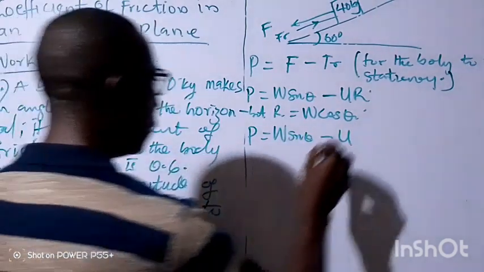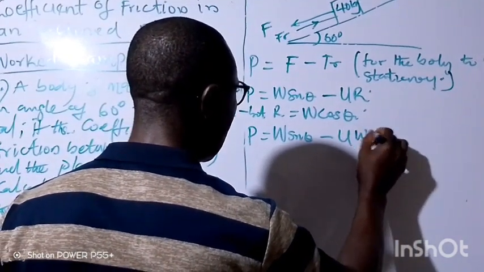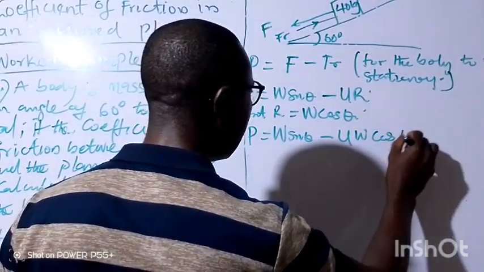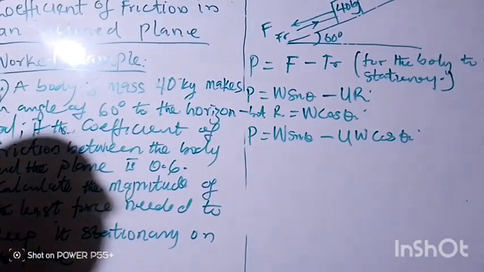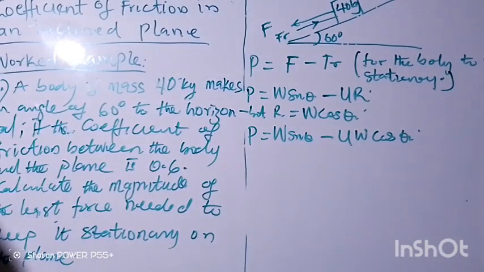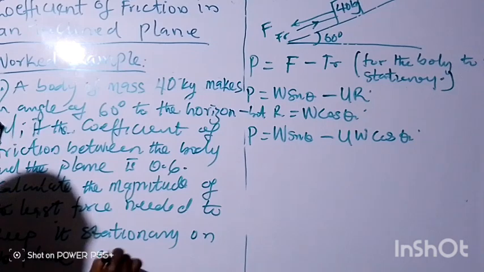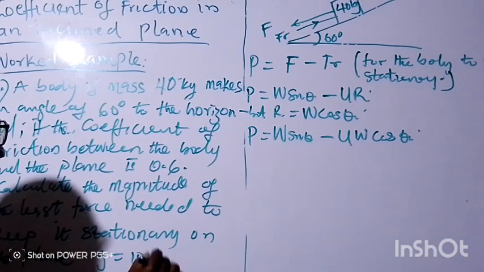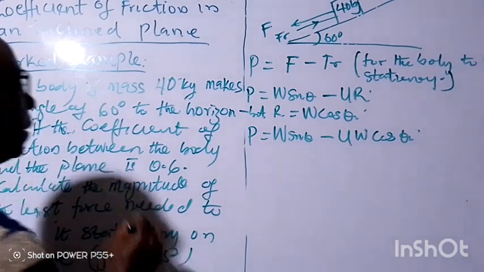into W cos theta. So from there, the mass of the body is given, and don't forget our g is always constant. That's 10 meters per second squared. It is given in the question.